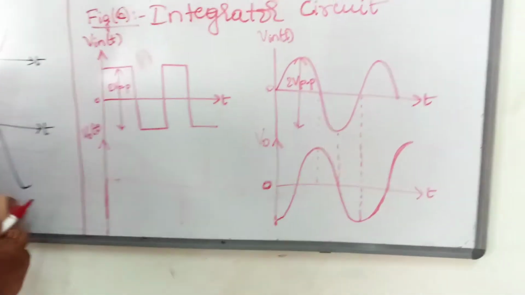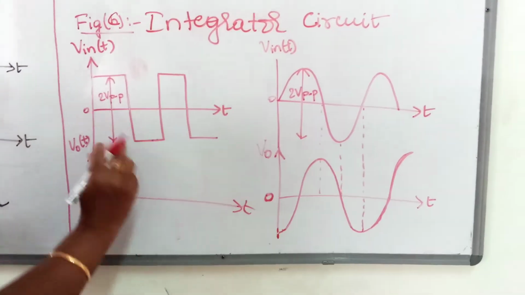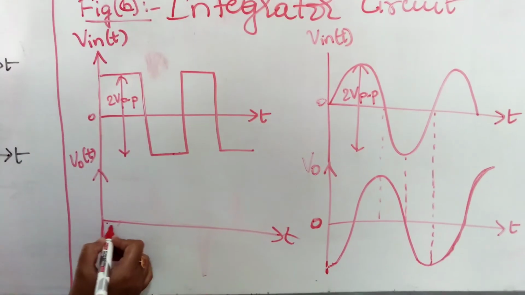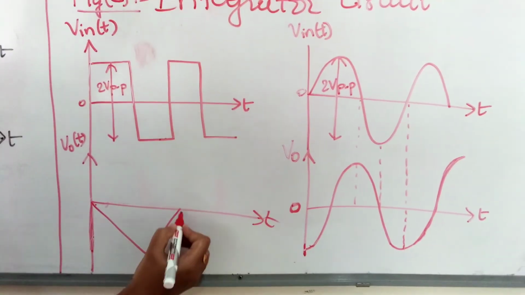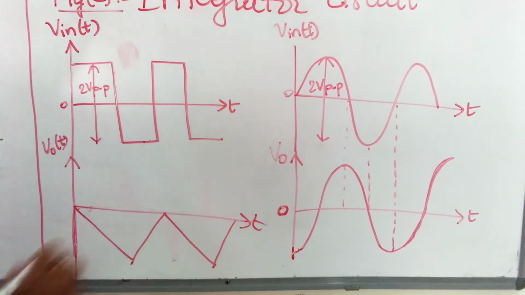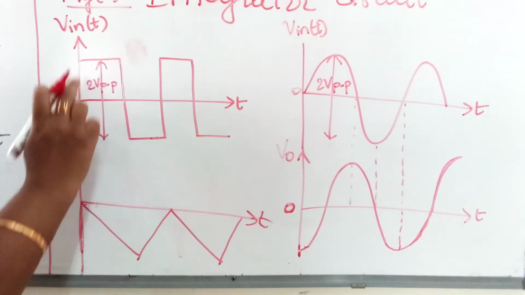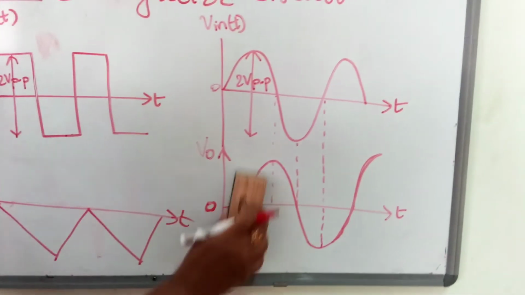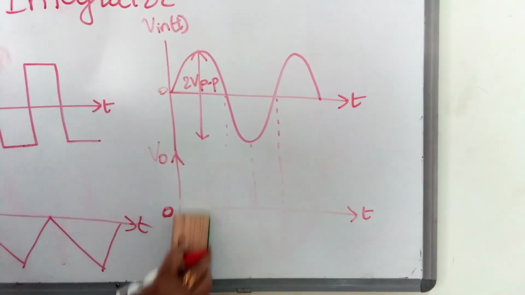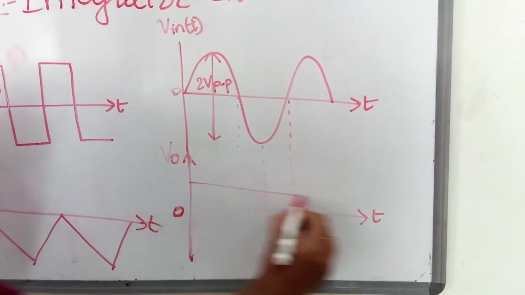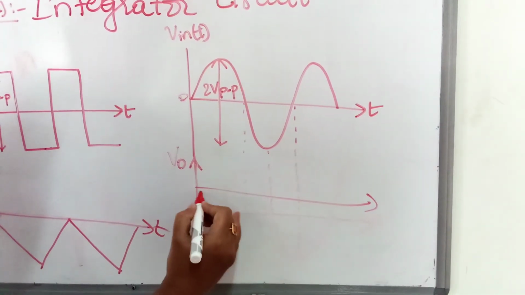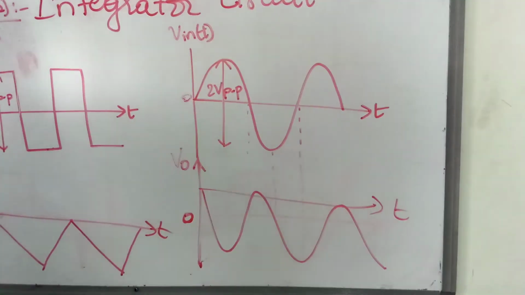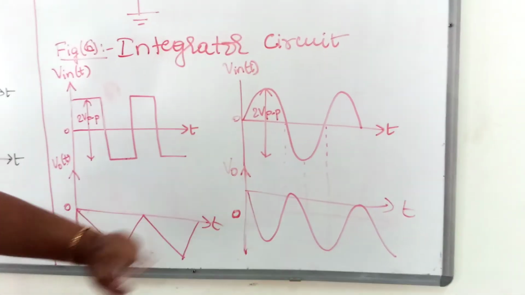Now if we provide a square wave as input to the integrator circuit, we get an inverted triangular wave. Similarly, for a sine wave, we get a cosine wave, since integration of sine is cosine.